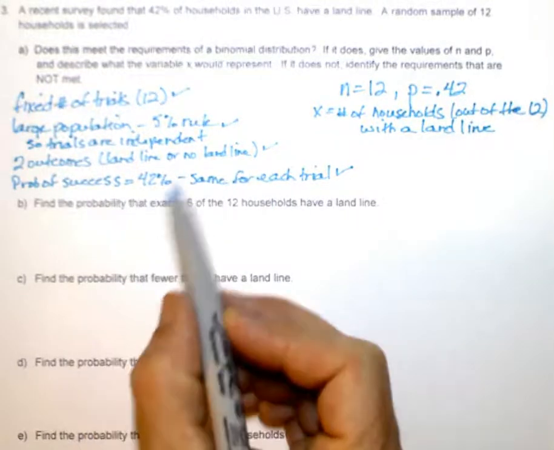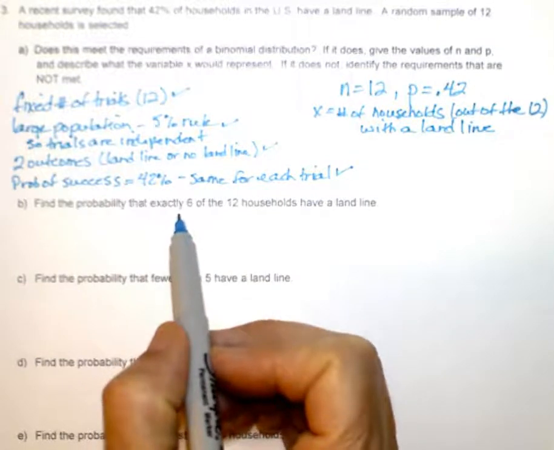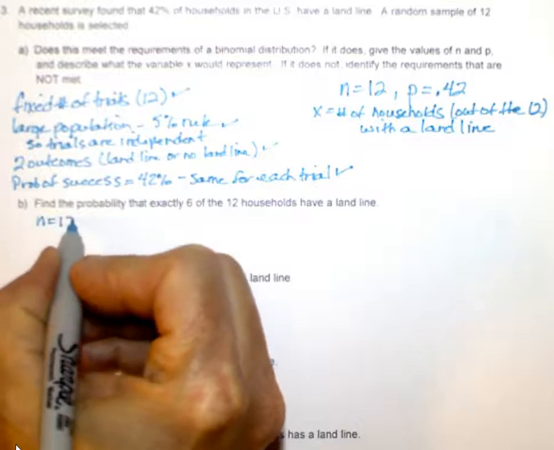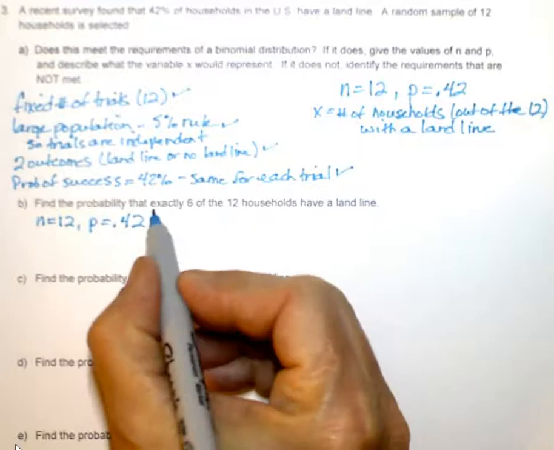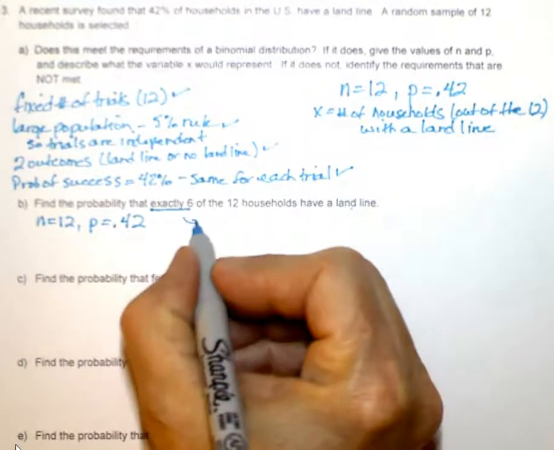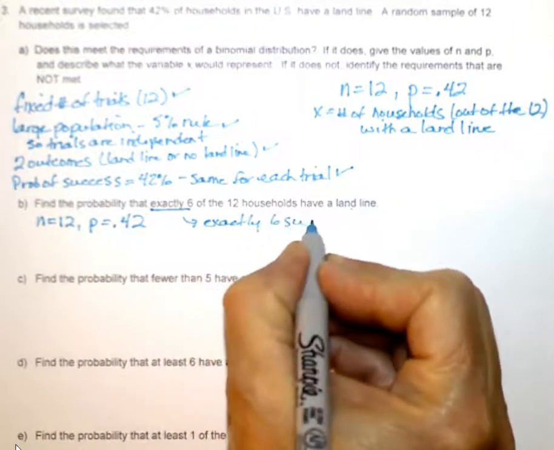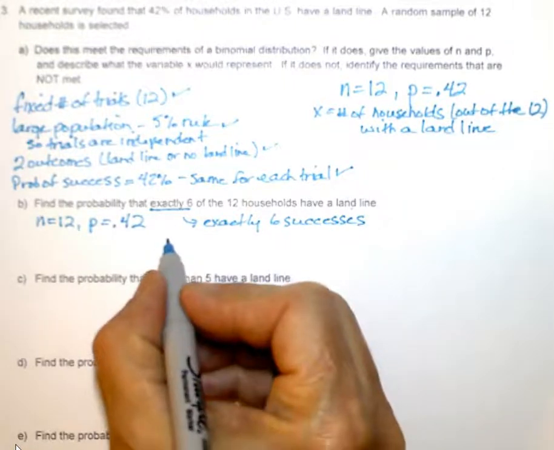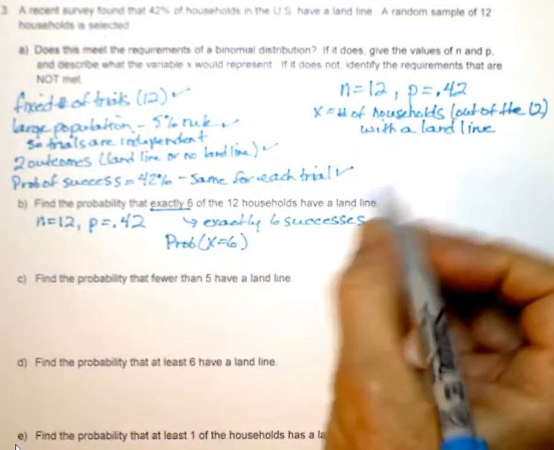Because this is a binomial distribution, we're using binomial probabilities, with N equals 12, P equals 0.42, and because it says exactly 6 of the 12 do have a landline, that means we have exactly 6 successes. In other words, we're trying to find the probability that X is equal to 6.